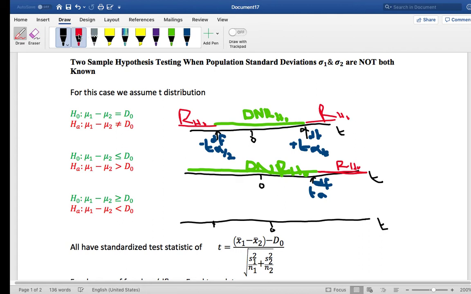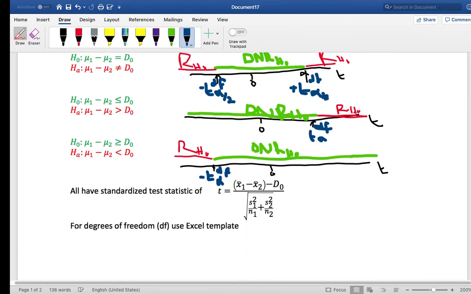And we're going to get reject H0 along here, and we're going to get our do not reject H0 down here. And the critical value is going to be, because it's to the left of 0, a negative, and it's going to be t of alpha, not alpha over 2, because it's only one tail, and we'll have to put the degrees of freedom, df, in there.